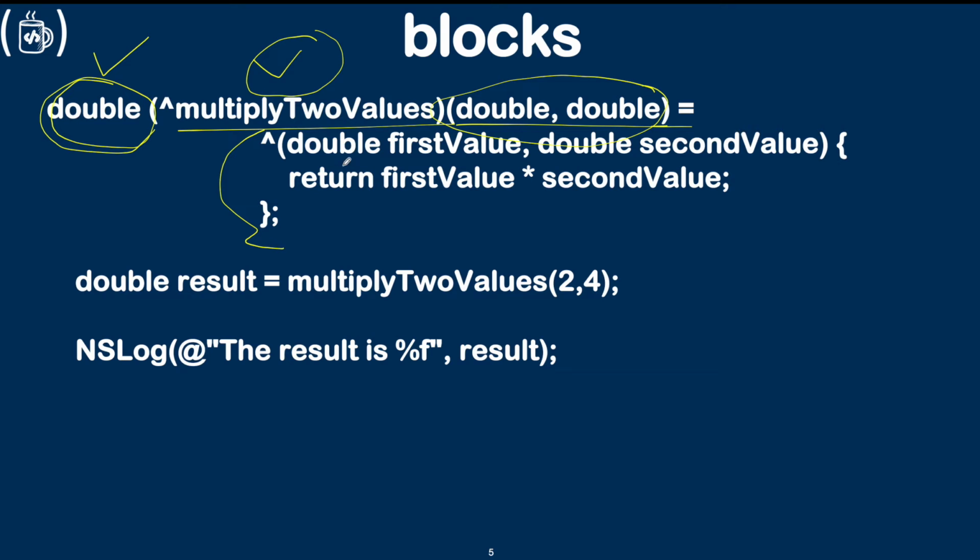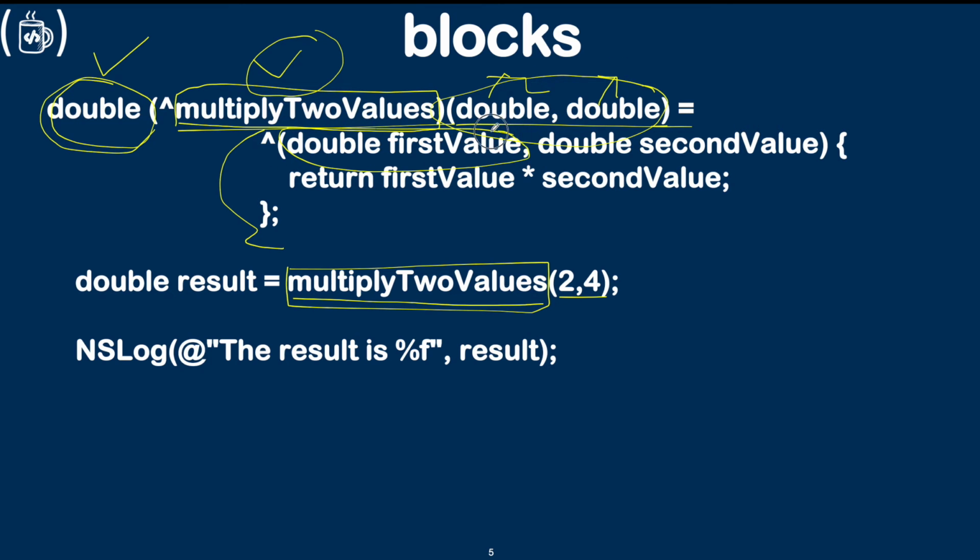Okay, so if I say that from this example I am calling this, this is the block's name. Okay, so what will happen? Multiply two values. Here is the multiply two values. Okay, and I am passing two parameters, that is 2 and 4. So it will pass the two parameters to the statements.